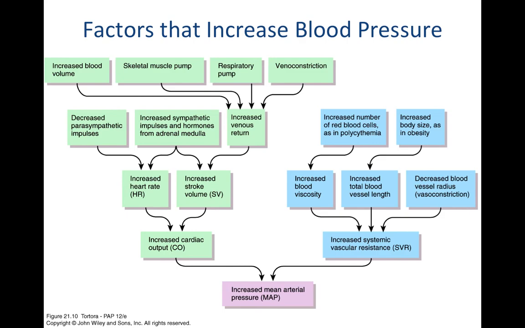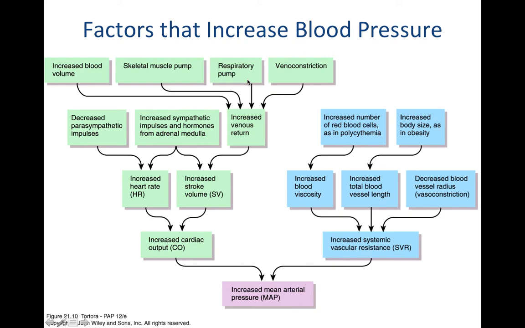So you can see there are a lot of different factors that affect your blood pressure. Anything that affects cardiac output can affect blood pressure. If you increase your blood volume, increase how much resistance you have, if you change how much blood is being returned back to the heart, so increased venous return, your skeletal muscle pumps, as you move, you pump that blood past the valves and move it toward the right atrium.